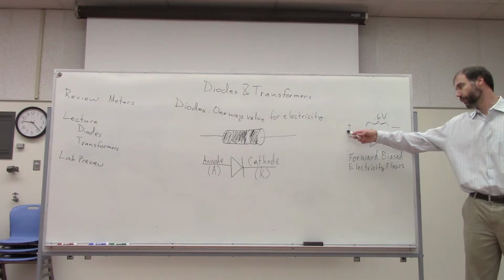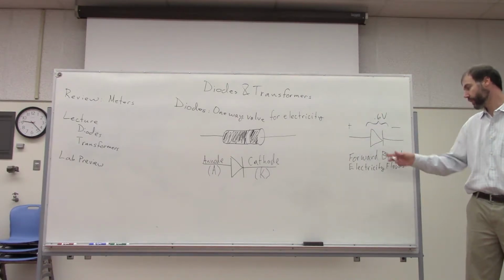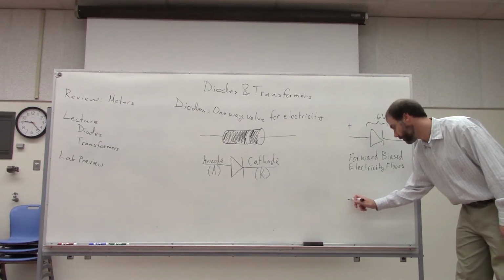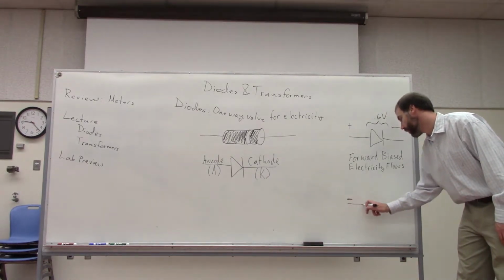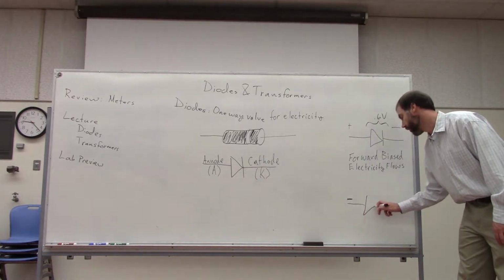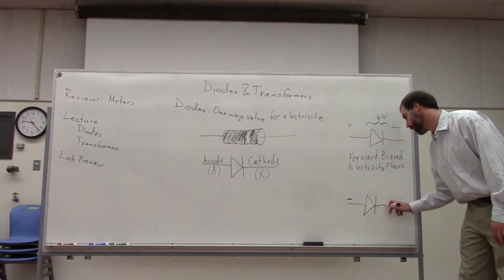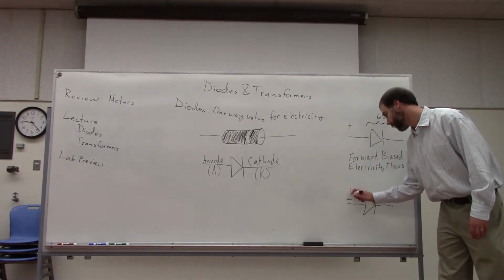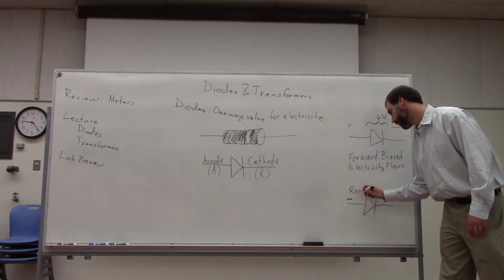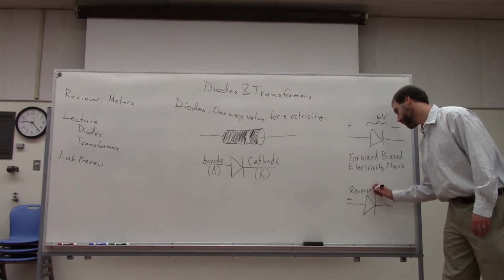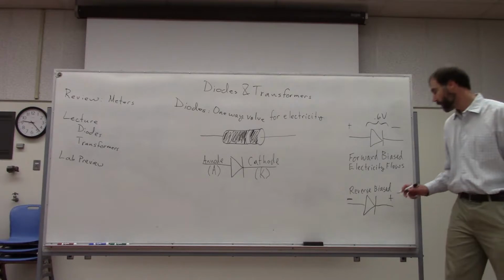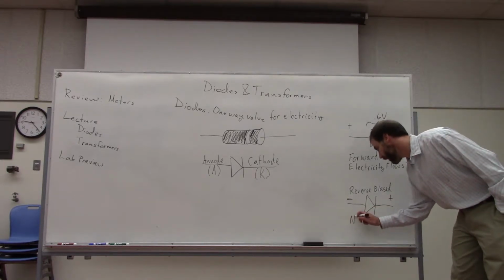So if we put a positive voltage over here, negative voltage, we say it's forward biased and the electricity flows. If we put the voltage in the opposite direction, so we have a negative voltage over there on the anode and a positive voltage on the cathode, this is reverse biased. And in this case, no electricity flows.